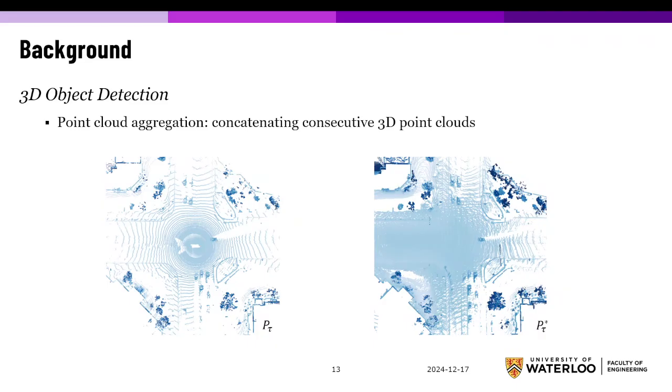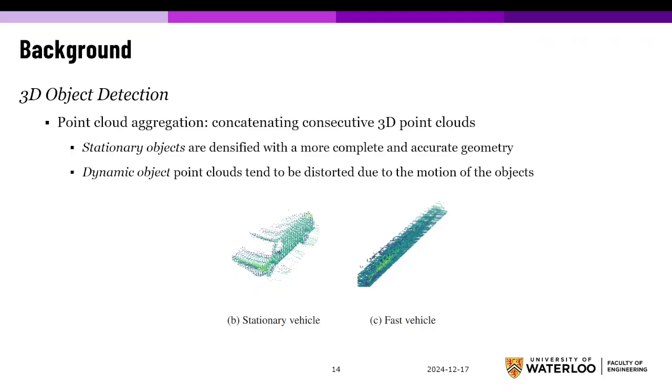However, because this motion correction is only addressing the motion from the ego vehicle, it's not really accounting for the motion from other dynamic objects. So what we observe in this process is that for stationary objects, this process of aggregation works very well.